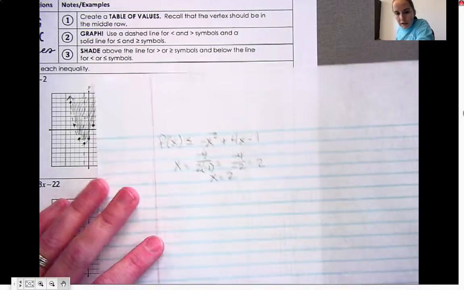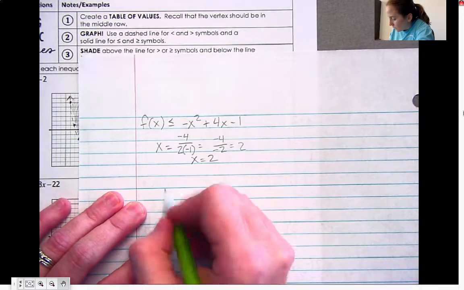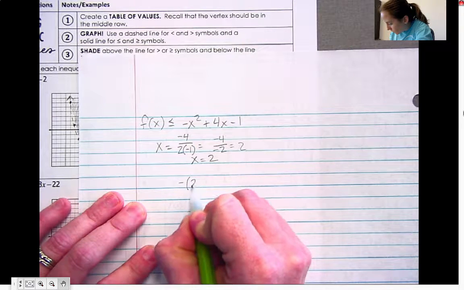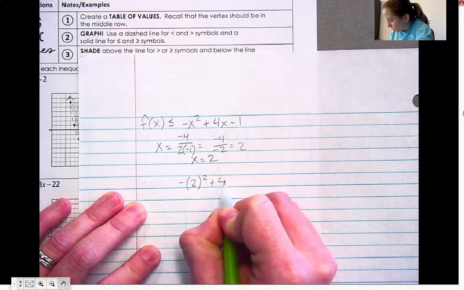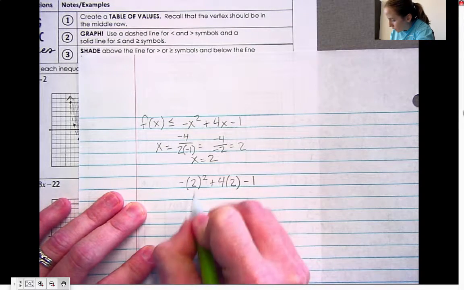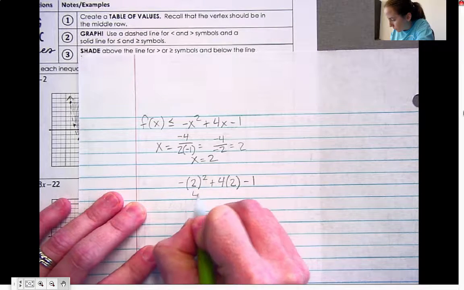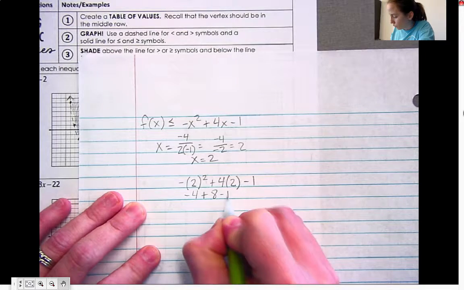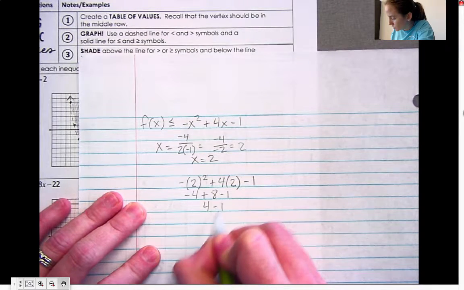Okay, plug it back in to get the vertex. All right, so we've got a negative, and then I have my x squared plus 4 times the x minus 1. So I have 2 squared is 4, but I have that negative on the outside, plus 8 minus 1. So I have 4 minus 1, which is 3.